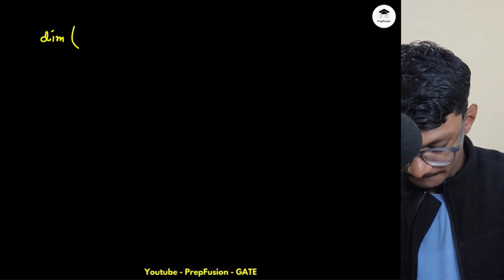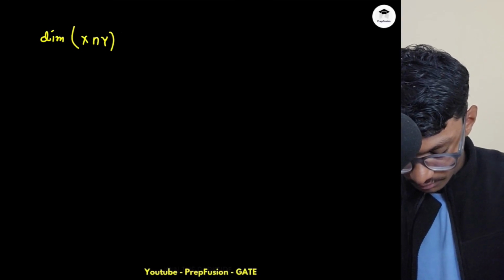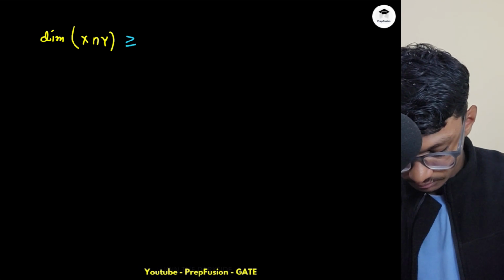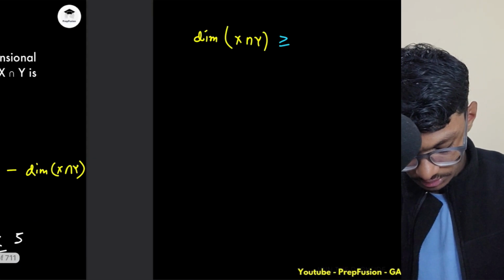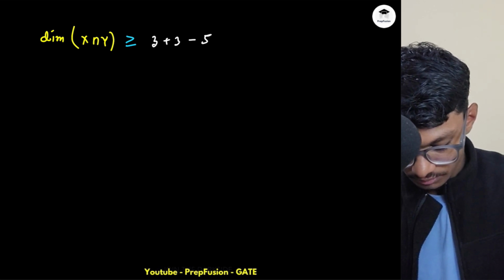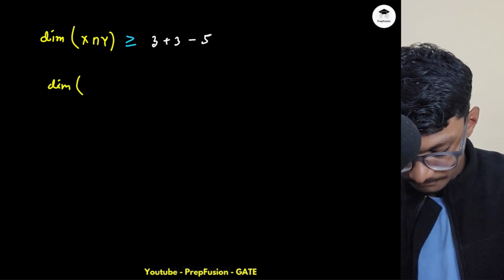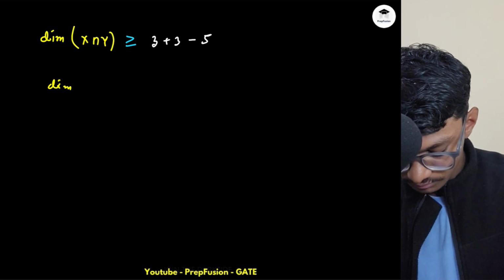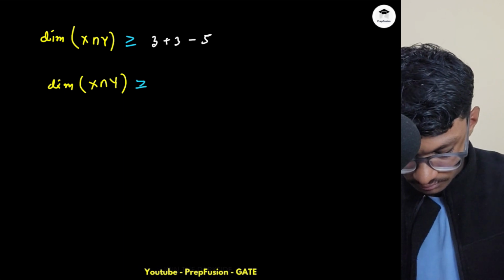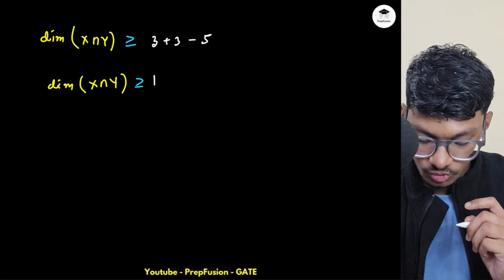So my dimension of x intersection y is greater than or equal to 1, right? So it has to be greater than or equal to 1.